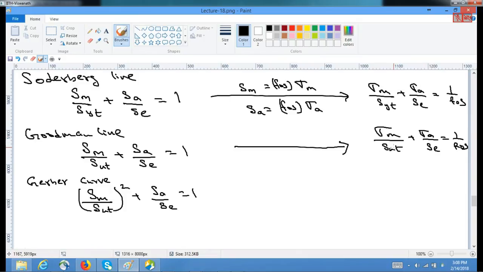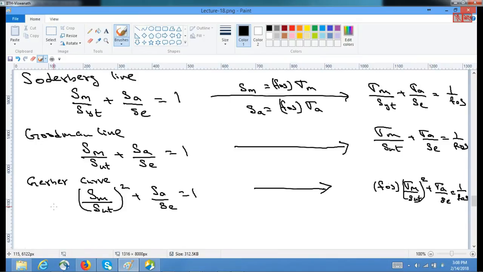Well, you can also write this one as factor of safety times sigma m by Sut whole squared plus sigma a divided by Se equals 1 by factor of safety. So this is how the equation forms are.